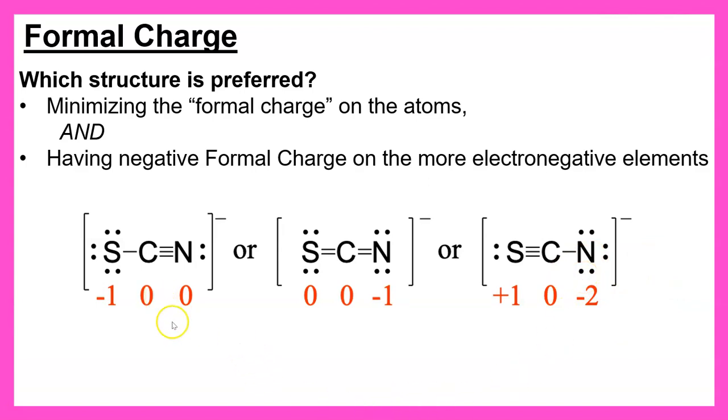Now we're trying to decide between the left one and the middle one. I need to remember my electronegativity trend from the periodic table to figure out which is more electronegative, sulfur or nitrogen. And if you remember, you will see that nitrogen is more electronegative. So this structure here is preferred.